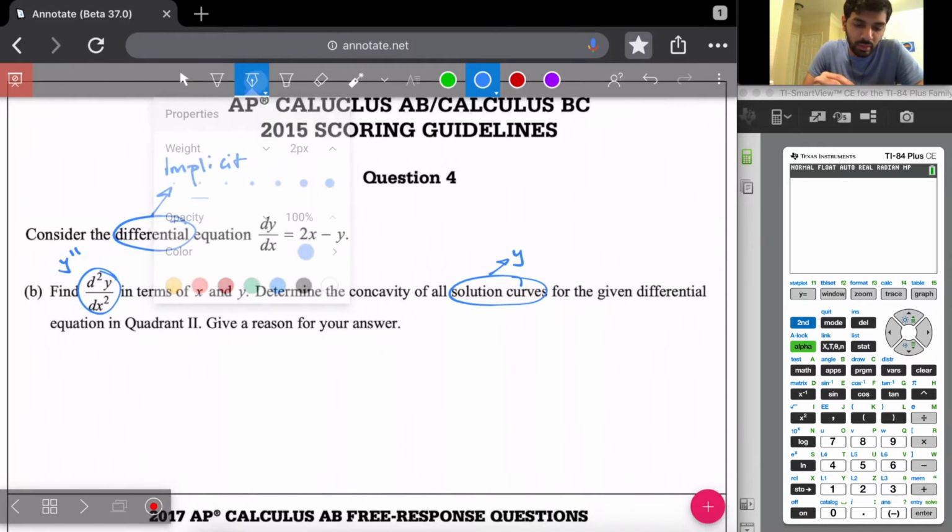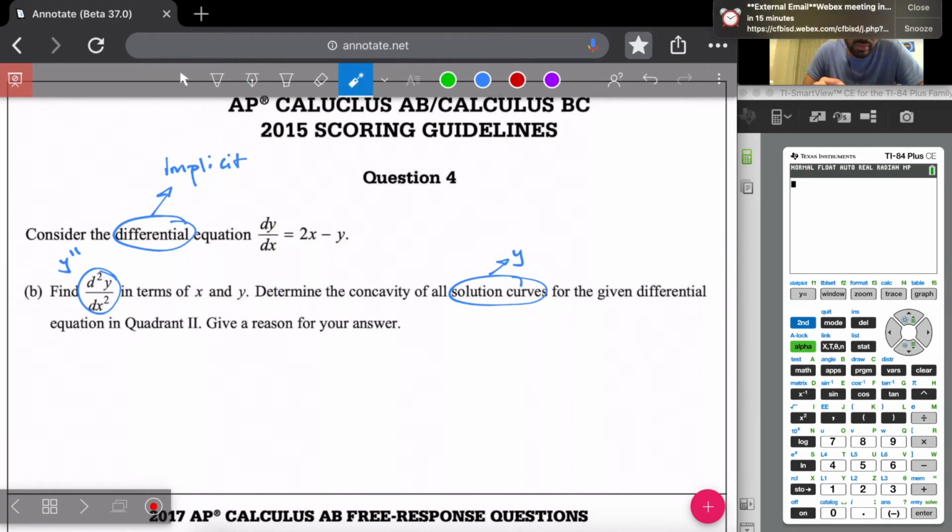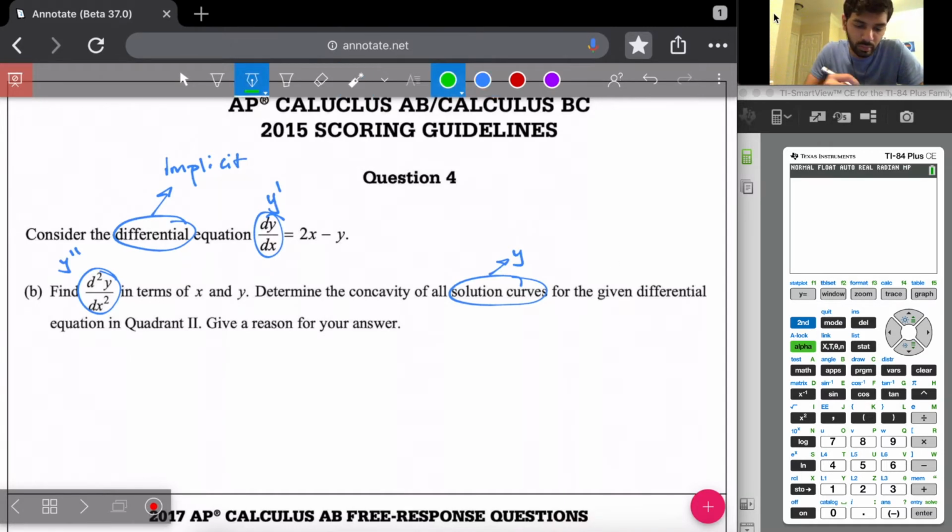Okay, so we have to take the derivative of this guy right here, because we can think of dy dx as the first derivative, and I need to take y double prime here. So if I take the second derivative, I'm going to treat each term individually.